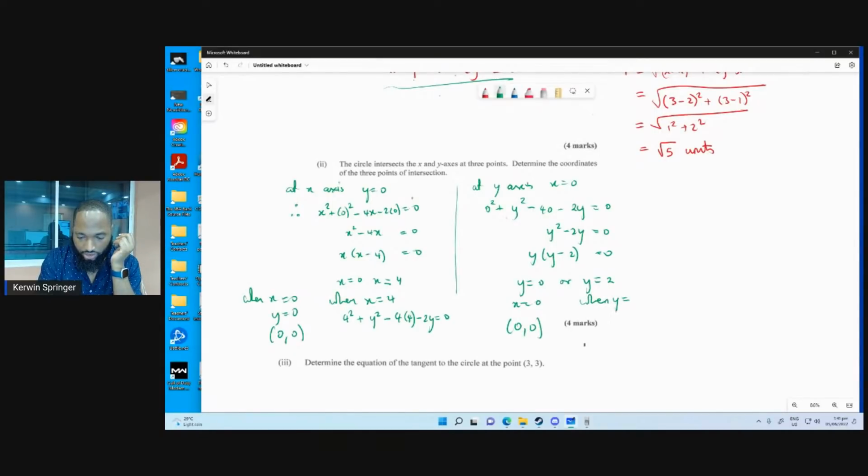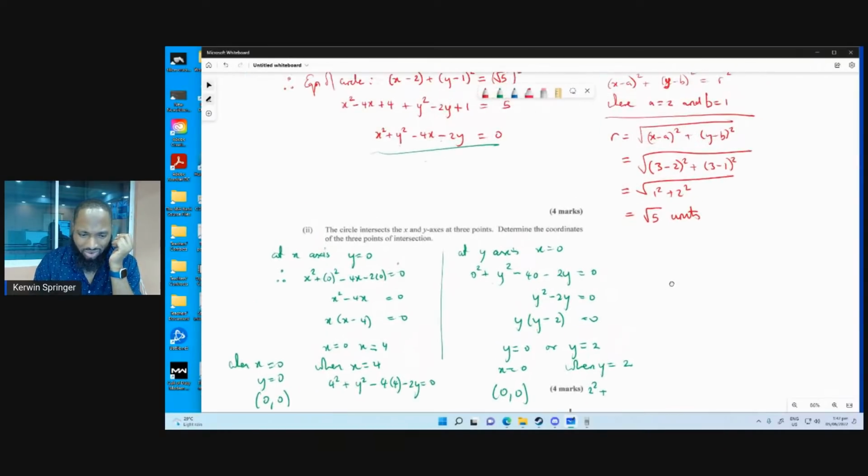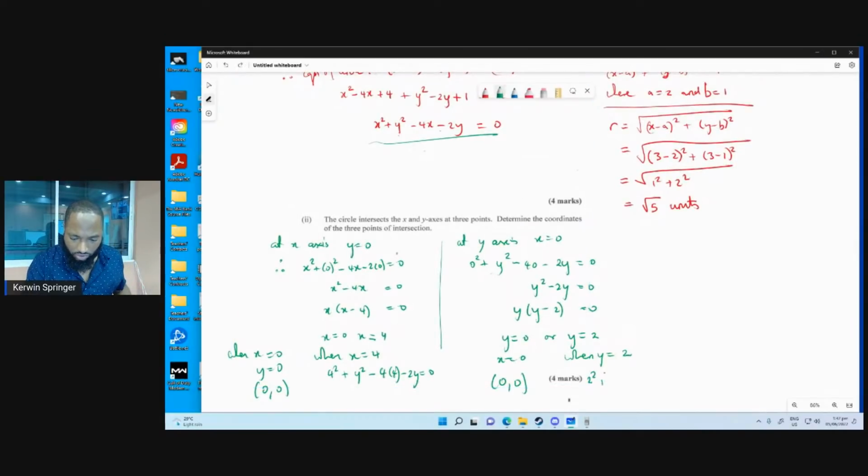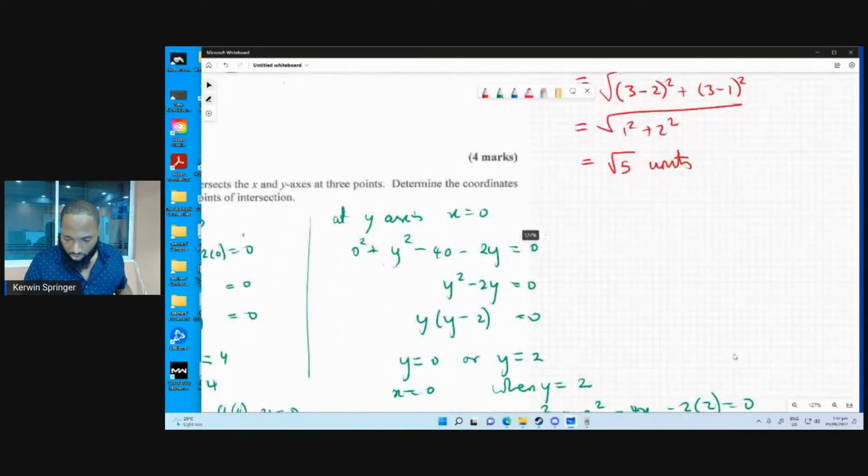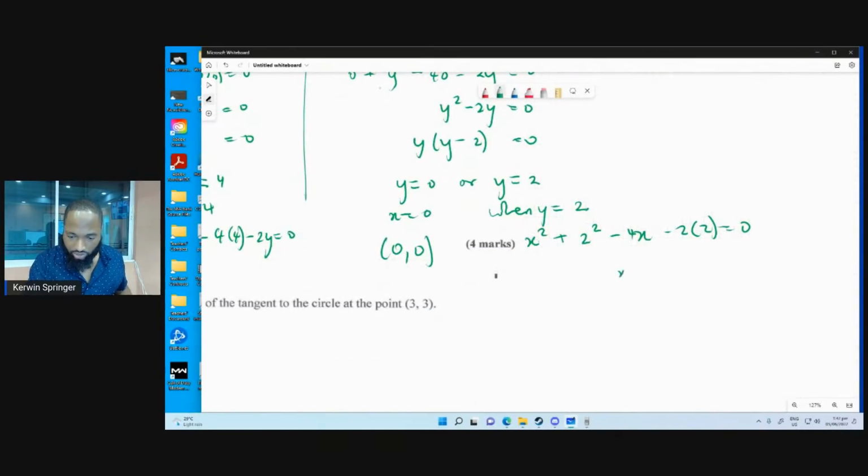When y is equal to 2, this is what I did last time, right? x squared plus 2 squared minus 4x minus 2 by 2 is equal to 0. So x squared minus 4x is equal to 0, x(x minus 4), so again x is equal to 0, x is equal to 4.